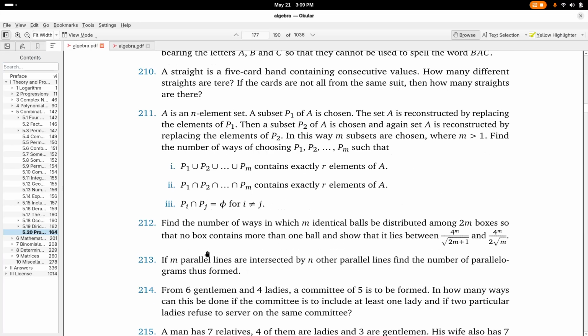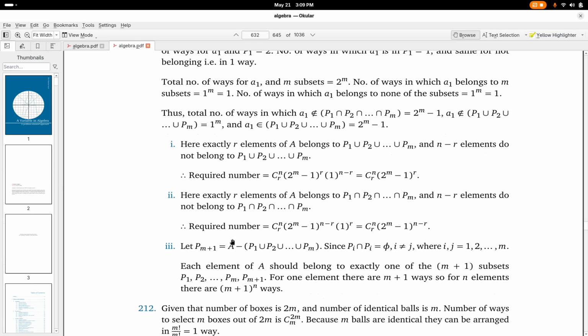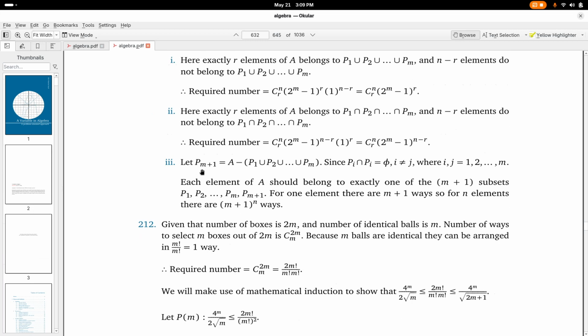The third case is that the intersection of elements should be empty. So let Pm plus 1 be equal to A minus the union of these sets.